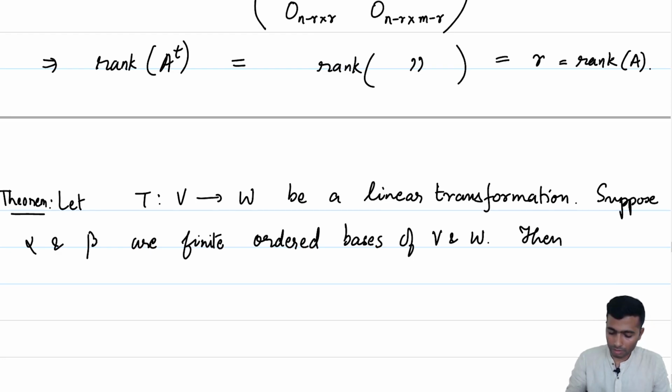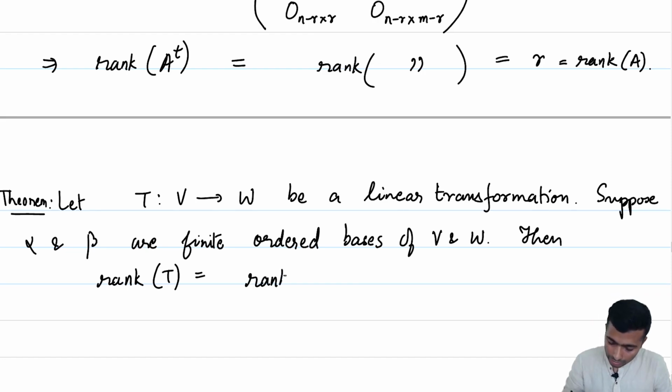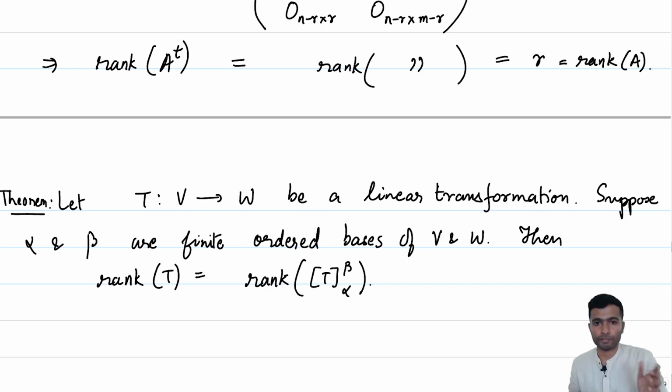Then the rank of T, as a linear transformation we can talk about rank, coincides with the rank of the matrix of T with respect to alpha and beta.